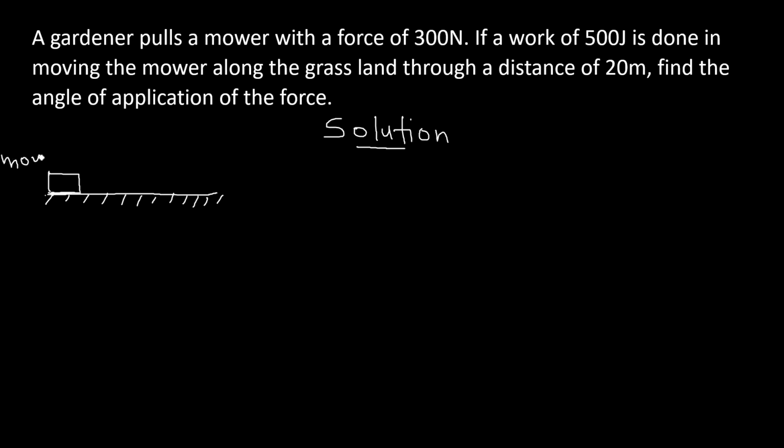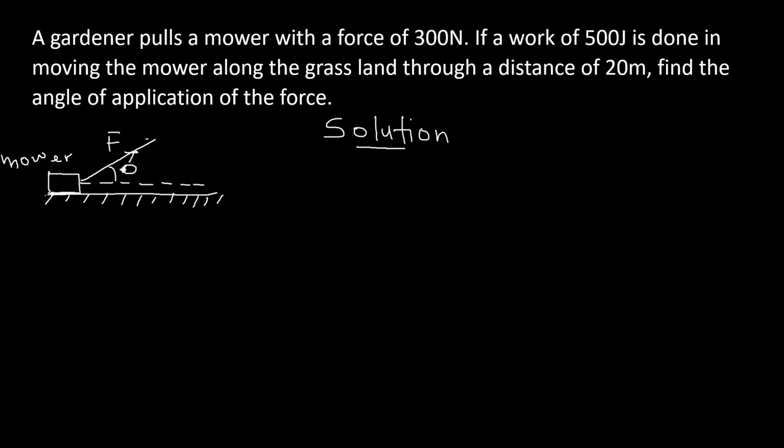a force is applied at an angle to the mower. So this is the force that has been applied. But just like we've seen from the question, that means this force is applied at an angle.